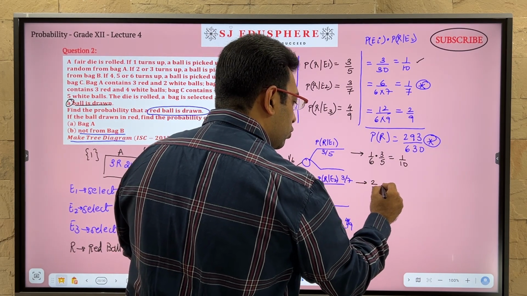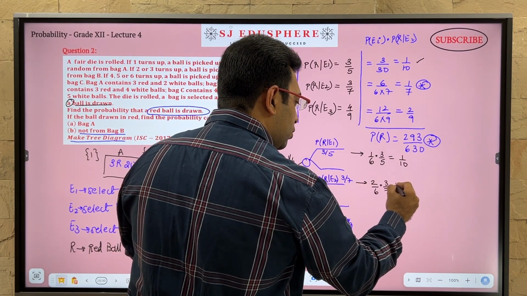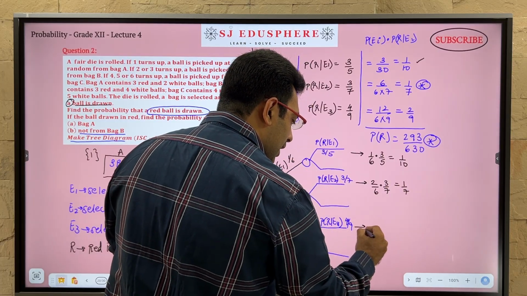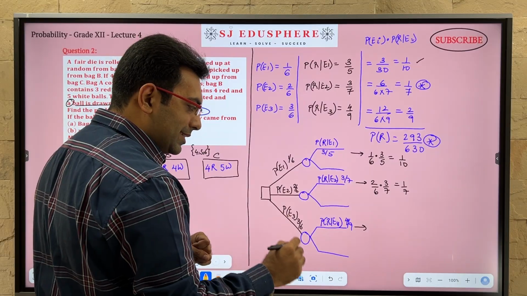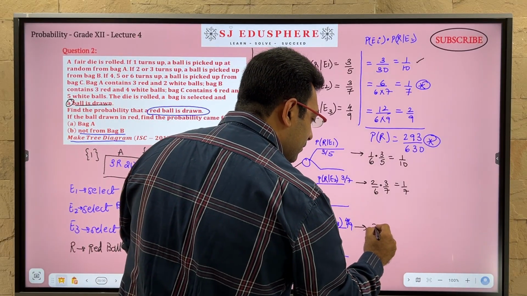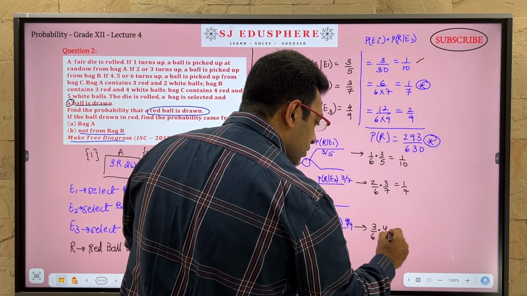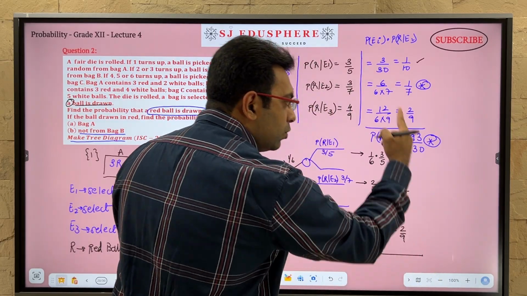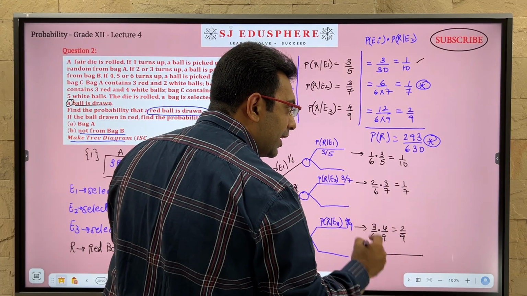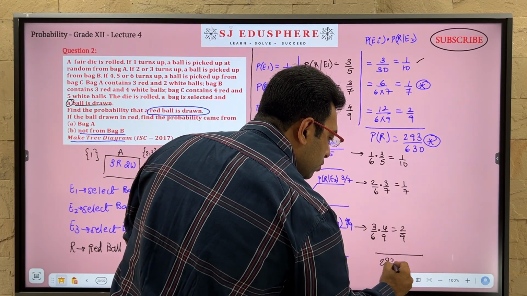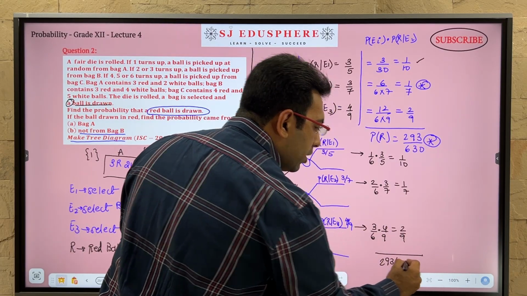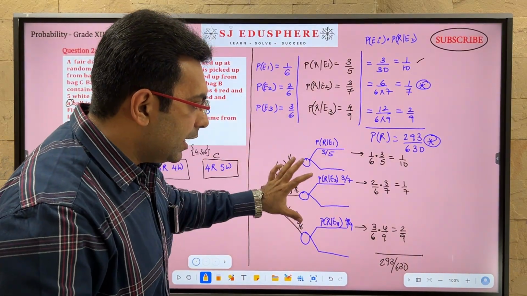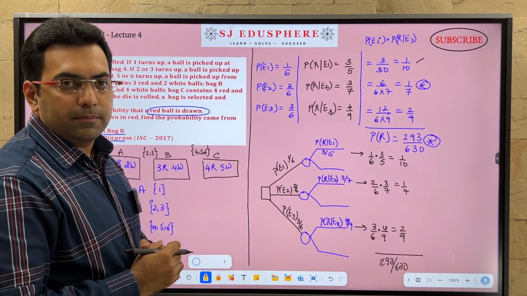Over here 2 by 6 into 3 by 7 is giving me over here 1 by 7, and similarly 3 by 6 into 4 by 9 is giving me 2 by 9. This value adds up to the chance of getting a red ball, that is 293 upon 630. We have expressed the same sum in the form of a tree diagram.